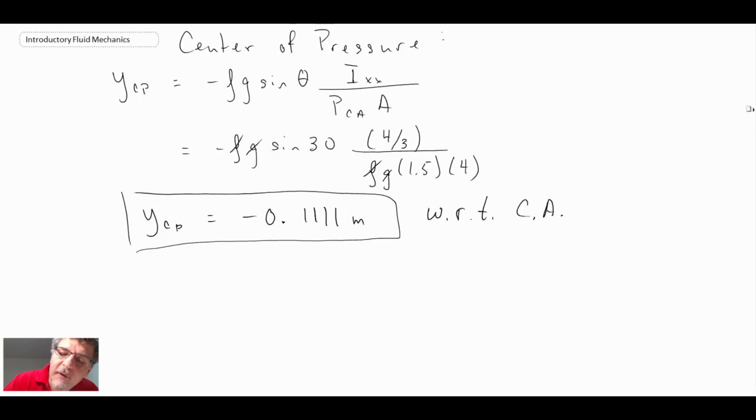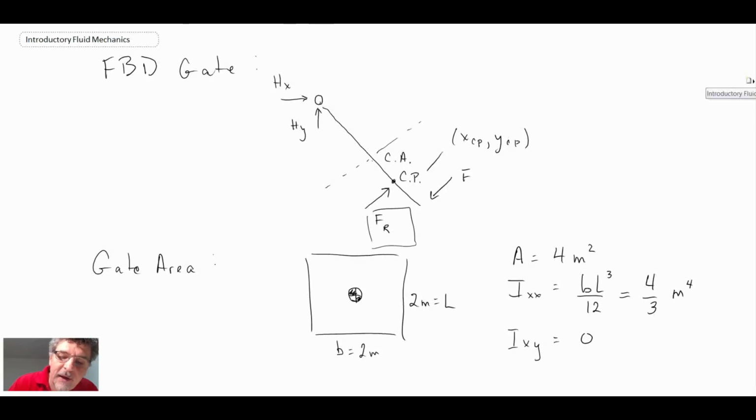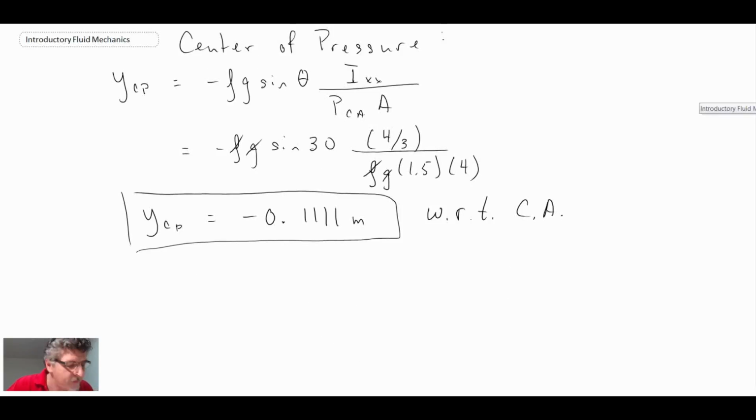If we look at our schematic, the fact that it's coming out negative, the y direction was in that way. The fact that it's negative means that it's below. This was y positive, and this is y negative. So it's down below in terms of the location.